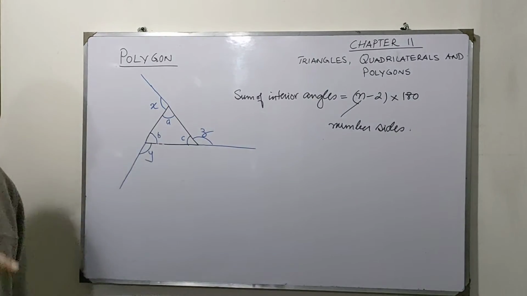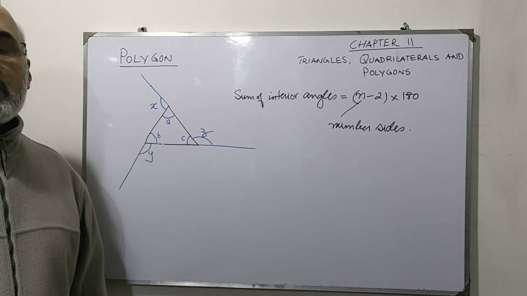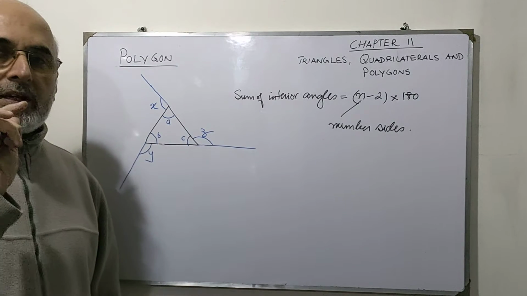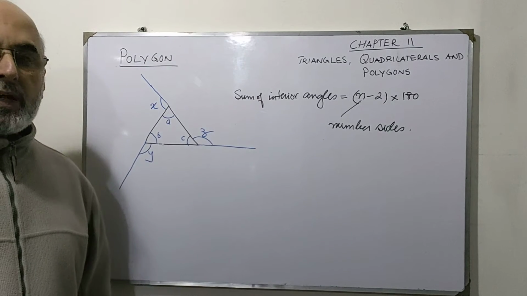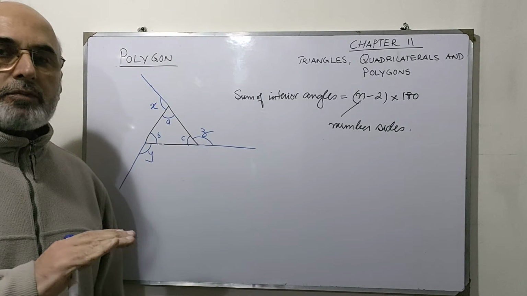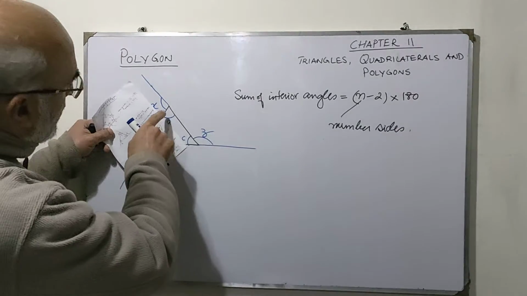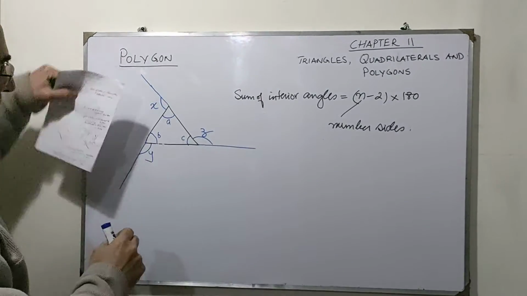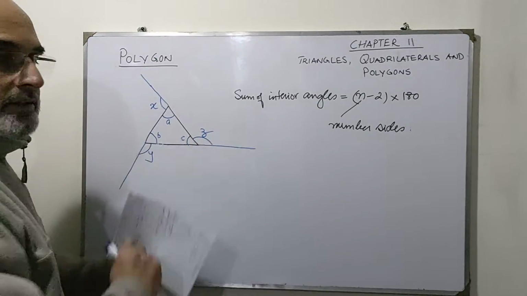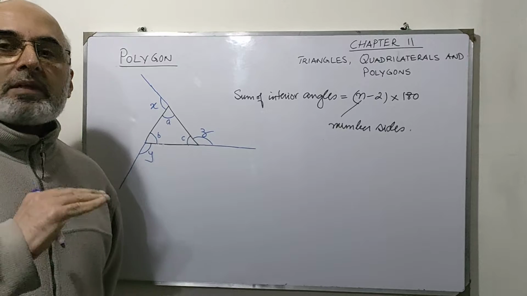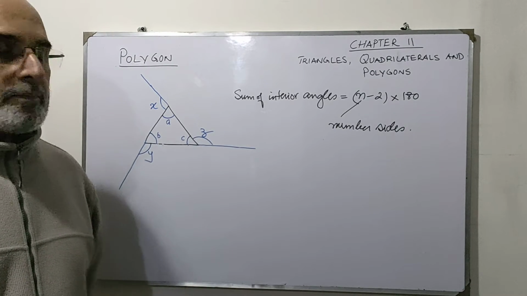Since these angles share a common vertex, they are adjacent angles, and adjacent angles on a straight line are equal to 180 degrees. So these two angles are adjacent, these two are adjacent, and these two are adjacent. It means the sum of the adjacent angles is equal to 180 degrees, right?